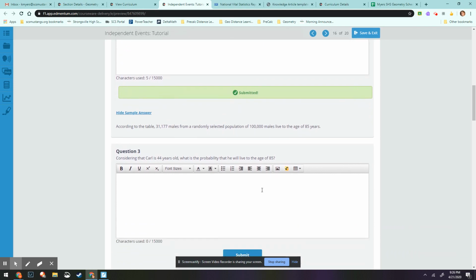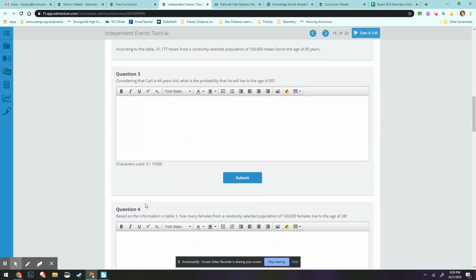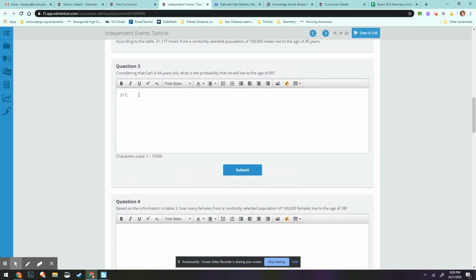Okay, so considering that Carl is 44 years old already, what's the probability that he will live to the age of 85? Well, the number of people living to the age of 85 is 31,177. Now, I'm not asking just for the probability of living to 85. If I was, I would divide by the original number of 100,000.